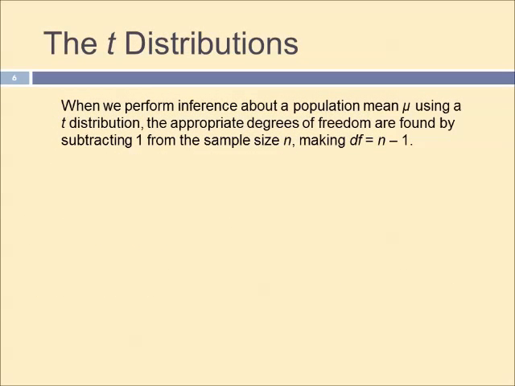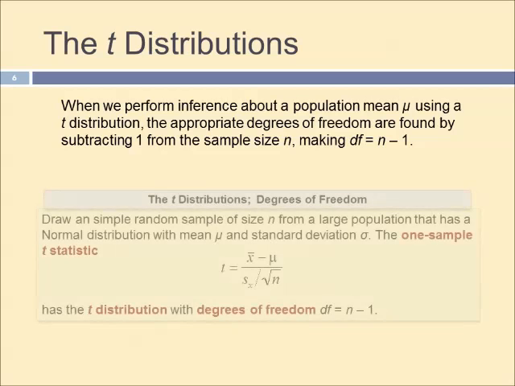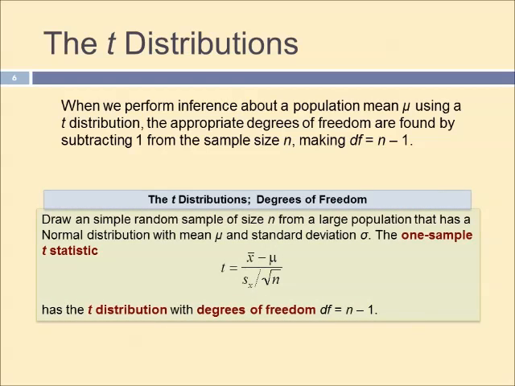When we perform inference about a population mean using a t-distribution, the appropriate degrees of freedom are found by subtracting 1 from the sample size. So df equals n minus 1. That changes depending on the type of test, but for now it's just n minus 1.